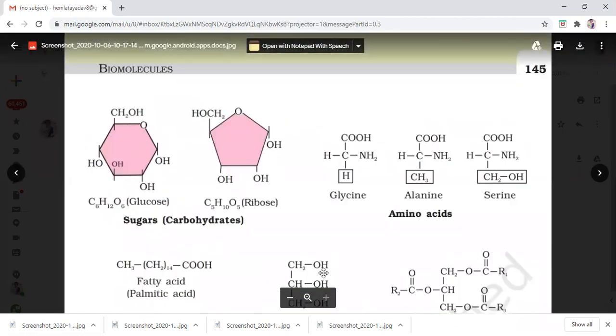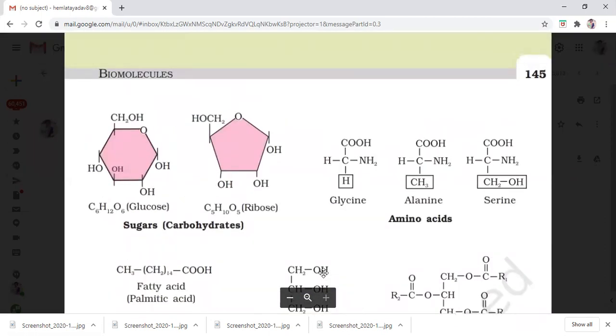So we say that it is a 5 carbon sugar, and the name given is ribose. These are the sugar units, and we can also say these are monomeric sugars. Monomer sugars mean single unit sugars. When they come in the chain form, then they become carbohydrates.